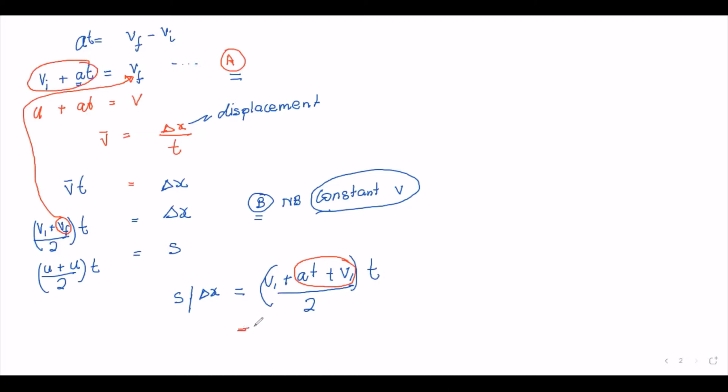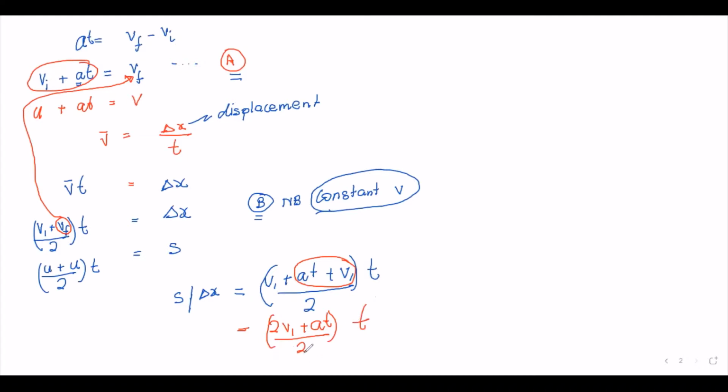If we add that up, you'll appreciate that I have 2 times the initial velocity plus AT, acceleration multiplied by time, all over 2, and that's my T outside there.